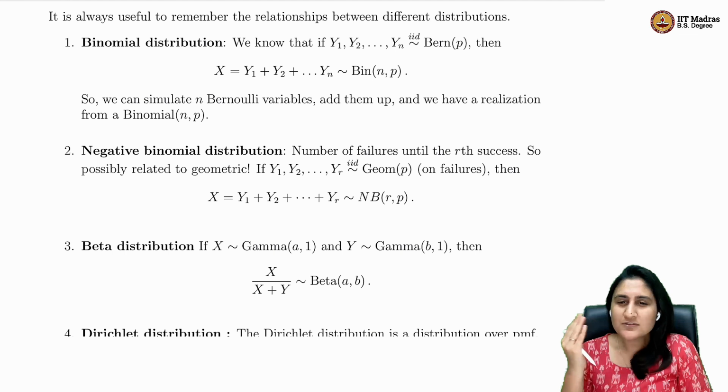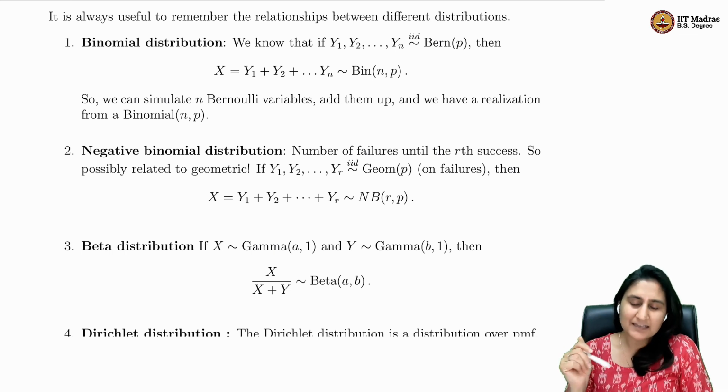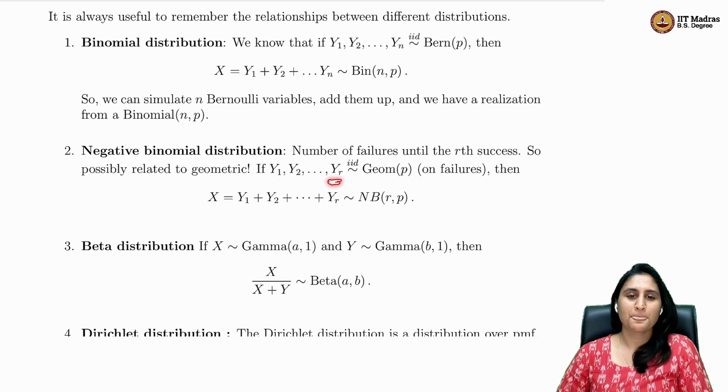This sounds like a geometric random variable, and it's very similar to a geometric. If we have Y1, Y2 up to Yr, where r is the number of successes, these are all distributed according to the geometric(p).